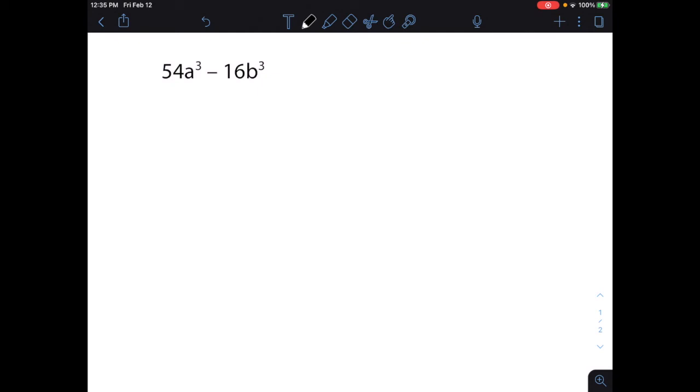And the thing that we need to look at is 54 and 16 and realize that neither one of those are a perfect cube because there's no number multiplied by itself 3 times that equals 54 or 16. But if we divide both of them by 2, so if we divide everything by 2 here and bring this 2 outside, we end up with 27a to the third minus 8b to the third. And now the 27 and the 8 are perfect cubes.